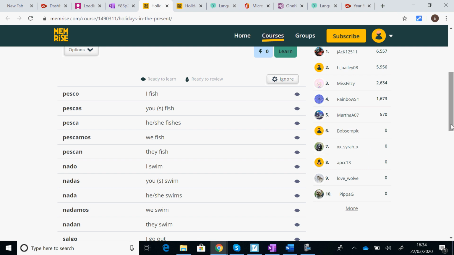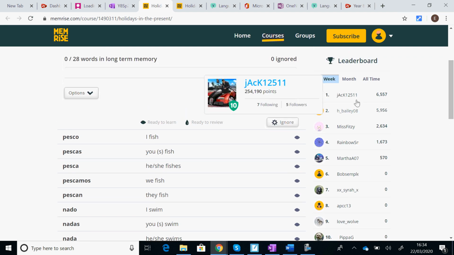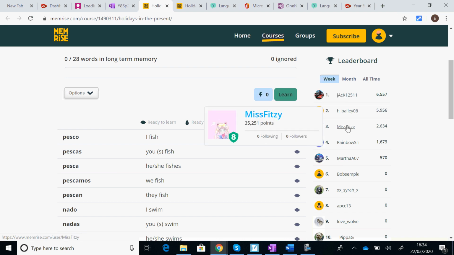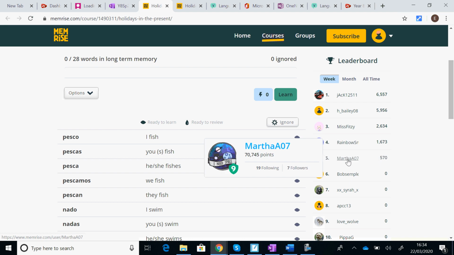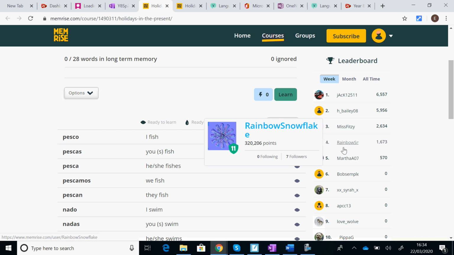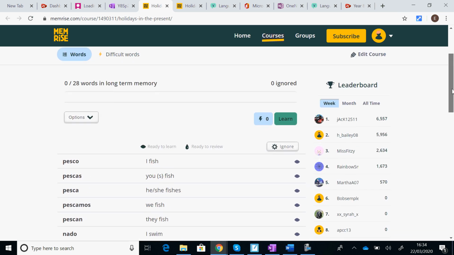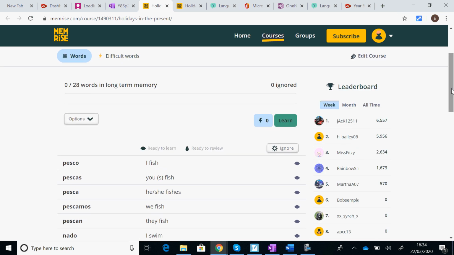I will be able to see here as well who's on top. Bailey, you know who is on top, who is the person. Remember the more points you have, the better. This memorize really allows you to practice.